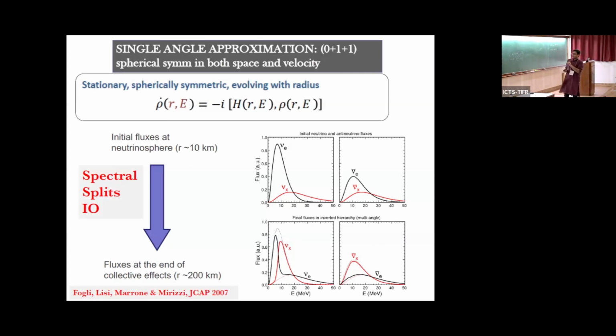So phenomenology, as Moon said, would have looked something like that. Your spectra, to begin with, is the initial spectra of nu e and nu x, nu e bar and nu x bar, spectral splits in inverted ordering. What would have happened is that all the nu e bar and nu x bar, you can see, there is a complete swap of their flavor spectra, this red, and it is after a few hundred kilometers, around 200 kilometers, this has happened.